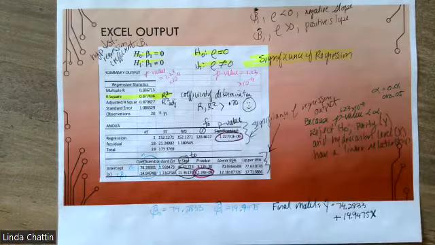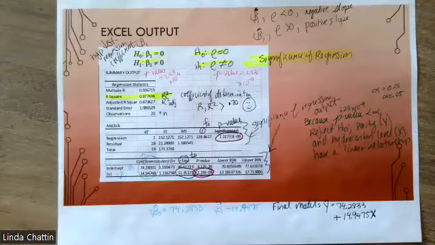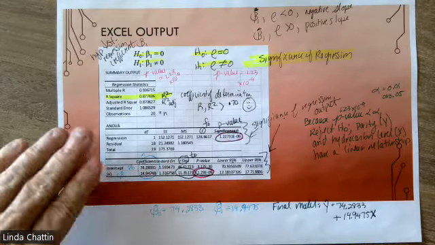So I'm going to put a smiley face right there. Okay, we like that. Now we're going to do that residual analysis. That means we're going to take a look at what we actually saw versus what the model predicts. So that is the next slide.